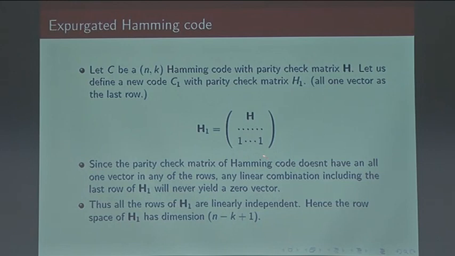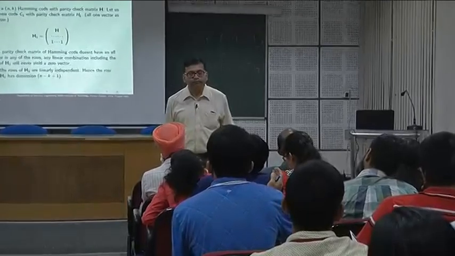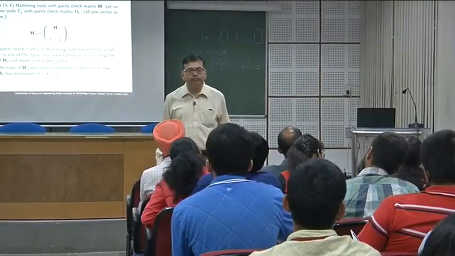Now, if you are adding a 1 here and you add 4 columns, these bits will also add up to 0. H has minimum distance 3, but it should have 4 columns which add up to 0 for H1 to have minimum distance 4.